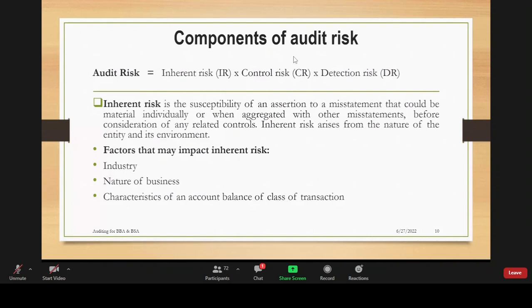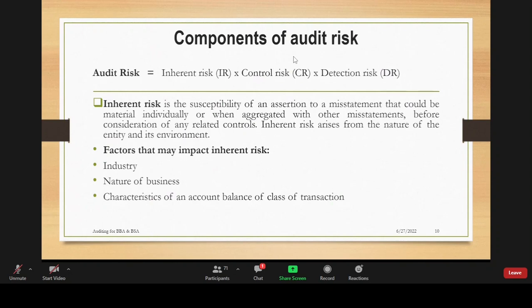So inherent risk is the vulnerability of financial statements due to the nature of the entity, the culture, the environment, the operations of the business, and the characteristics of the account balance you're looking at. For example, cash at bank and cash at hand are more vulnerable to theft because cash is portable. It is easy for someone to steal cash compared to someone stealing a computer.